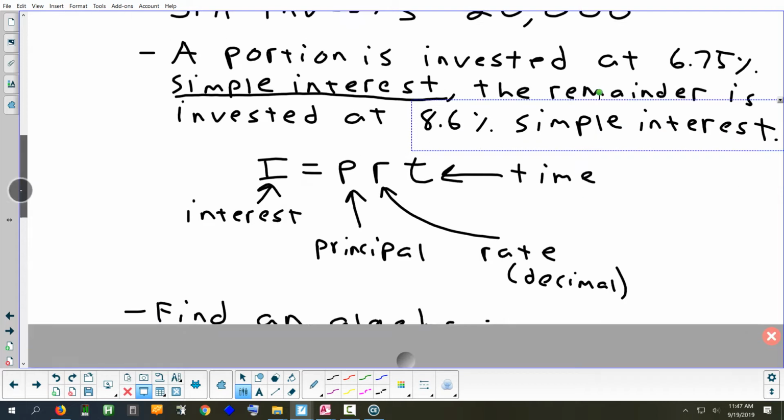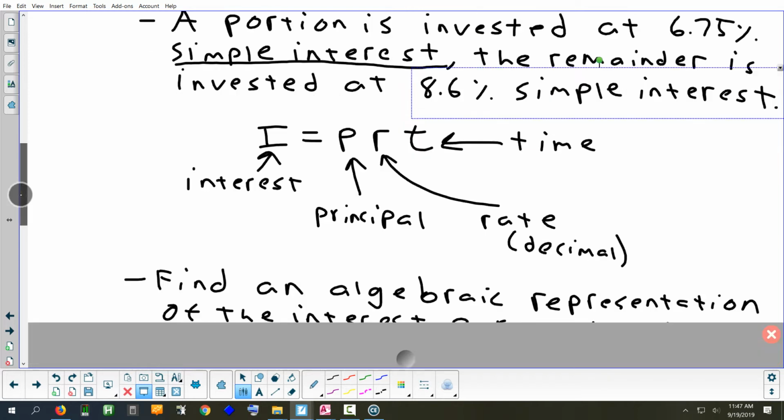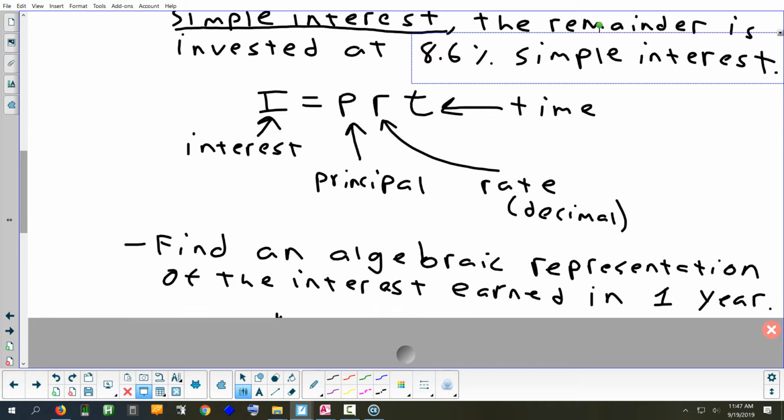Right? So, find an equation, that's what algebraic representation means. Find an equation for how much interest Bill will earn in 1 year. Total interest. How many investments does Bill have to pick from? 2.